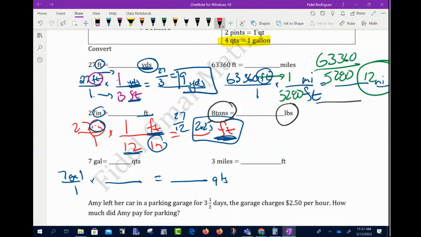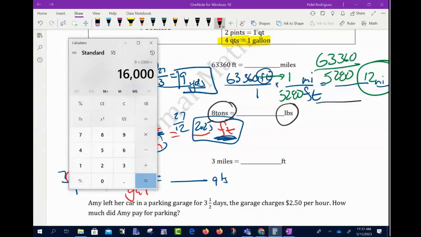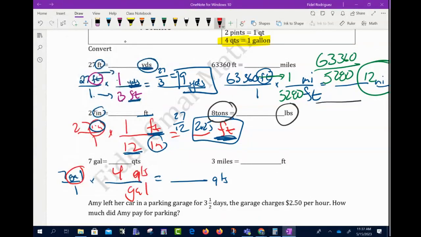If I want to end up with quarts, I'm going to put quarts on the top. If I have gallons here, I'm going to put gallons on the bottom. Does that make sense? 4 quarts is the same thing as 1 gallon, right?